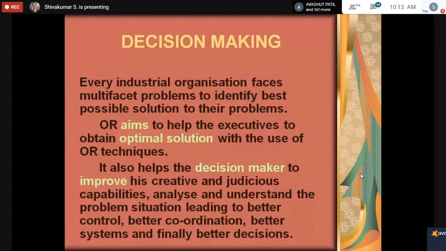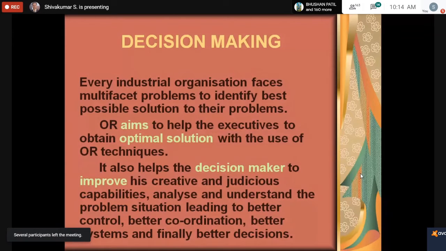So it's trying to improve the solution. It also helps the decision maker to improve his creative and judicious capabilities, analyze and understand the problem situation, leading to better control, better coordination, better systems, and finally, better decisions.